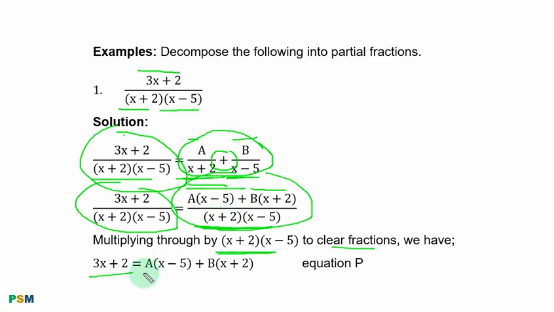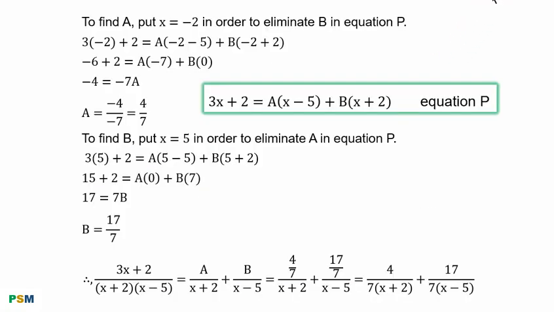You have it in this form. Let's call the result equation P. We need to solve for A and B in order to have the partial fractions.